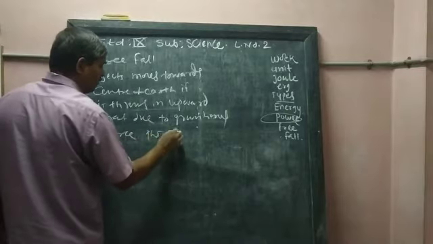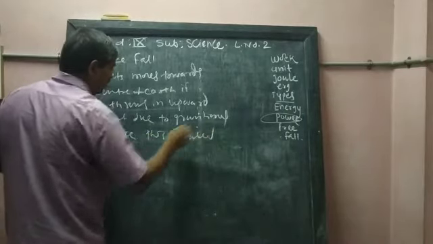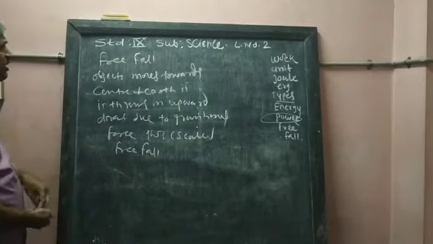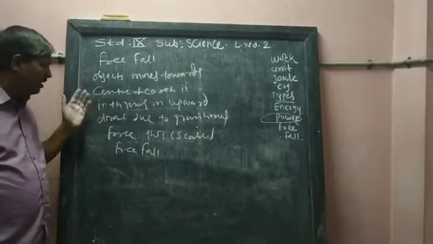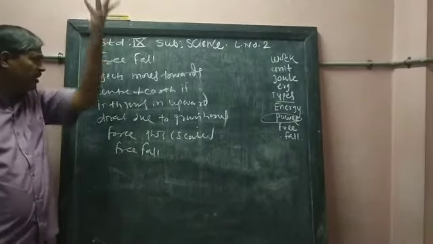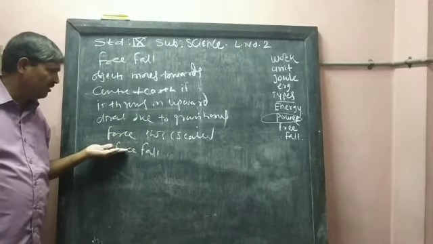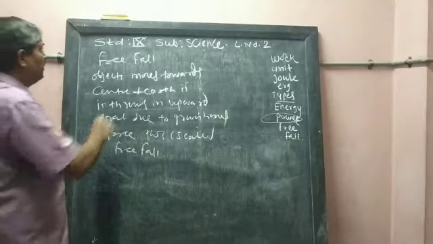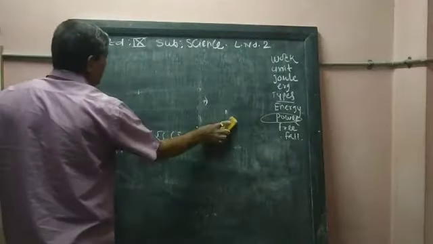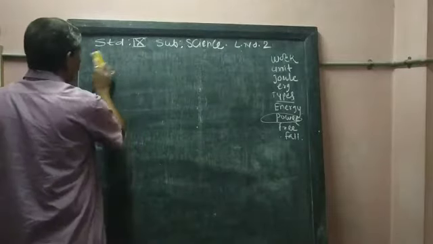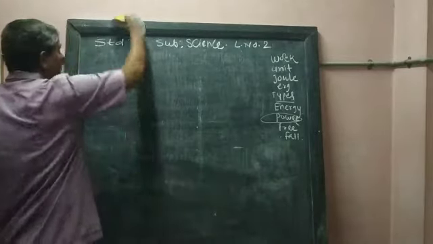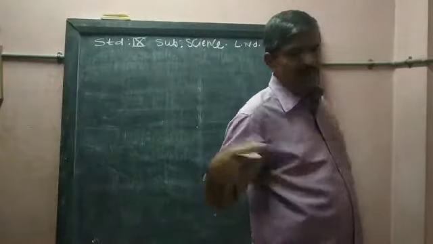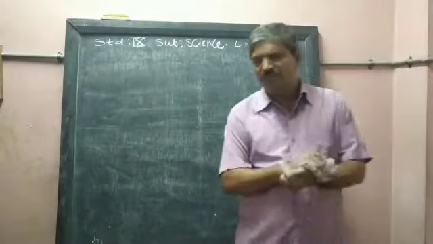This is called free fall. Understand what I told? Free fall means an object moves towards the center of the earth if it is thrown upward, due to the gravitational force. It comes towards the earth. That is called free fall. In short, any upward thrown object always comes downward towards the earth because of the gravitational force applied by the earth. That is called free fall.